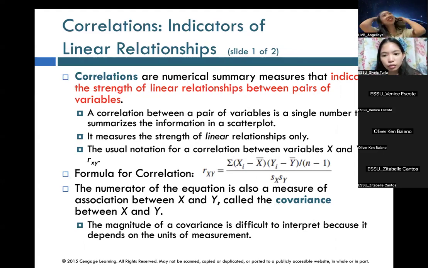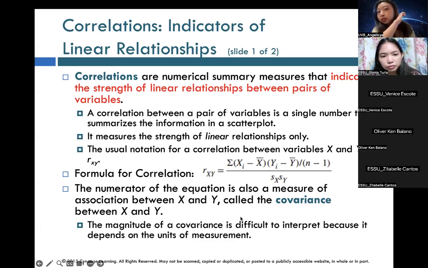The first formula that is easy for prediction is the correlation that we learned in the previous two weeks of this course. It contains indicators of the straight line of linear relationships between pairs of variables, with a formula that has a numerator for the covariance between the two variables, the dependent and the independent.